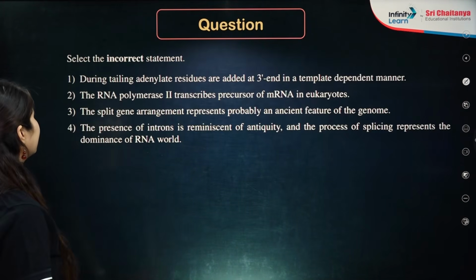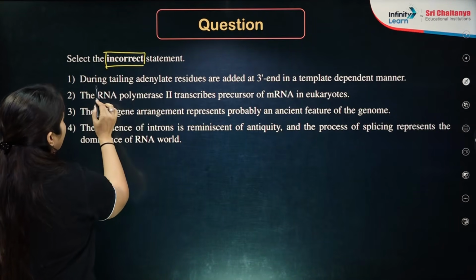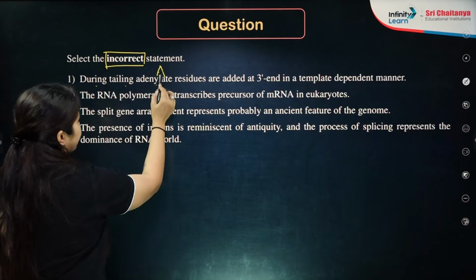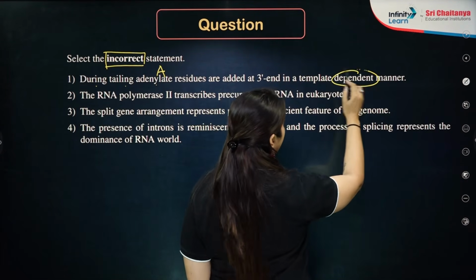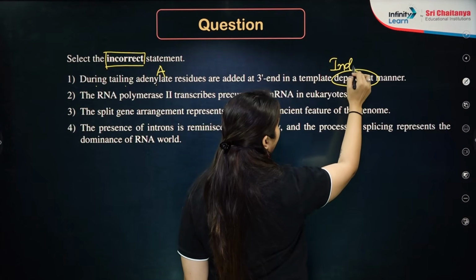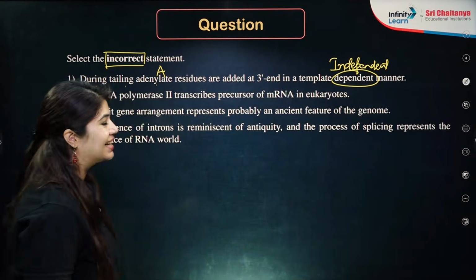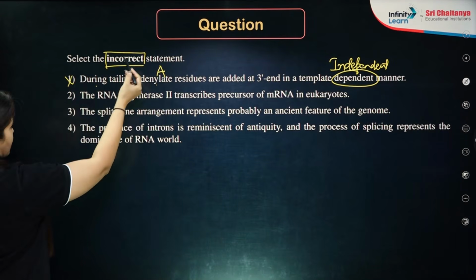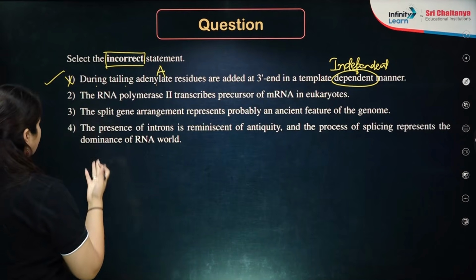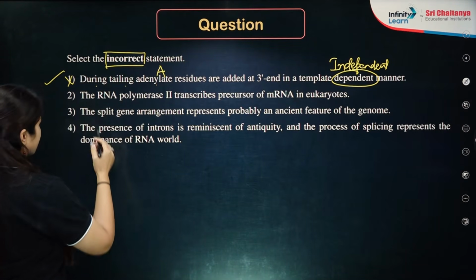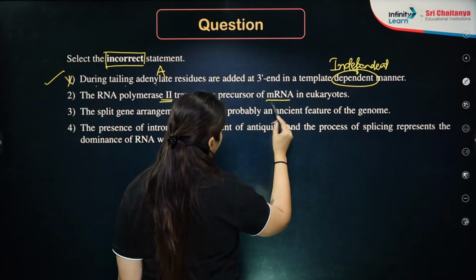Next question is, select the incorrect statement. We need to find out the wrong statement. Number 1, during tailing, adenylated residues are added to 3' end in a template dependent manner. No, they have to be added in a template independent manner. So the first statement is incorrect, and obviously the question is asking us about the incorrect one, so it will be the correct answer. But yet, let's understand the other 3 statements as well. RNA polymerase 2 transcribes precursor of mRNA in the eukaryote.